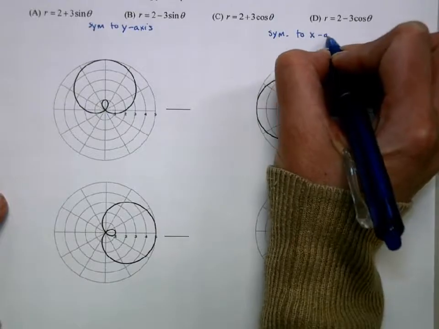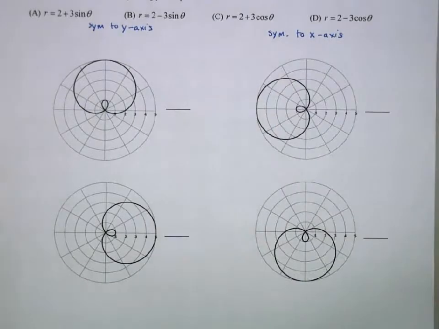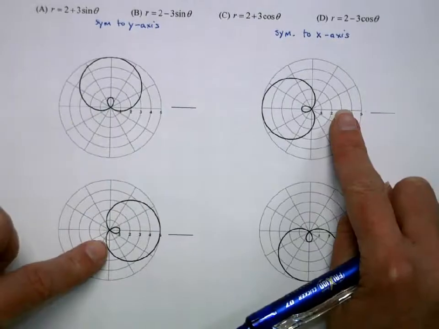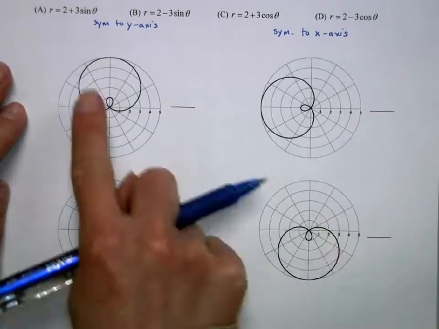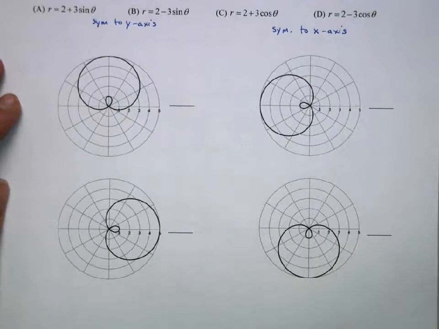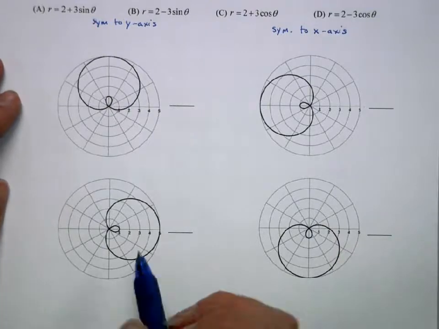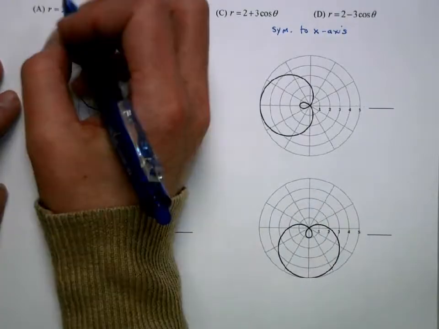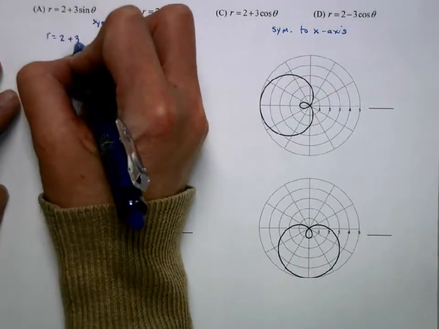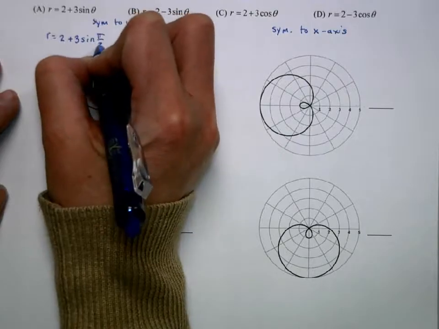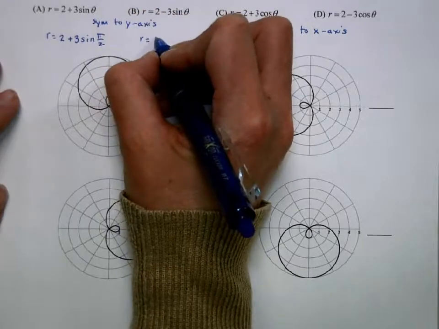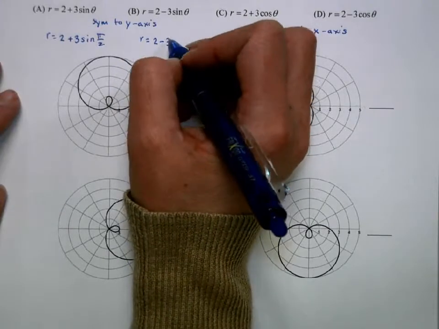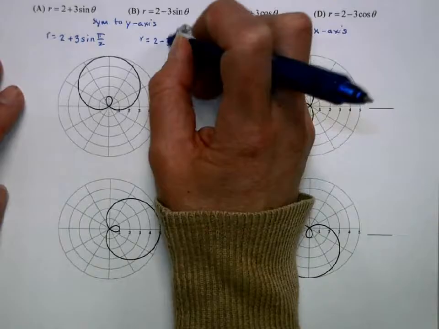That means these two are my sines, these two are my cosines. So let's look at these two. I'm going to plug in pi over 2 to see which one I get 5, and one of them I'm going to get a 0. Well, sine of pi over 2 is 1.